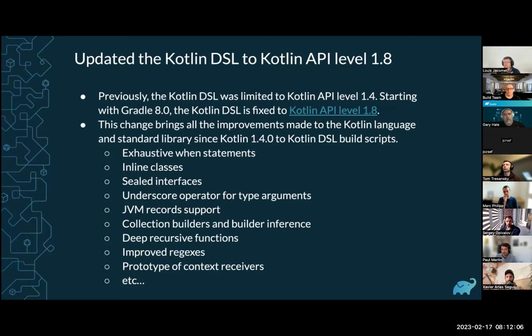So with Gradle 8, you get all the improvements that were made to the Kotlin language and standard library since 1.4. And this includes some goodness. Here is just a small list: exhaustive when statements, pretty useful with sealed classes, etc. And those things, we will now be able to leverage in future Gradle versions to make the Kotlin DSL better.